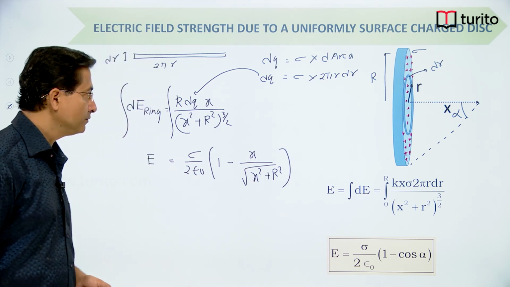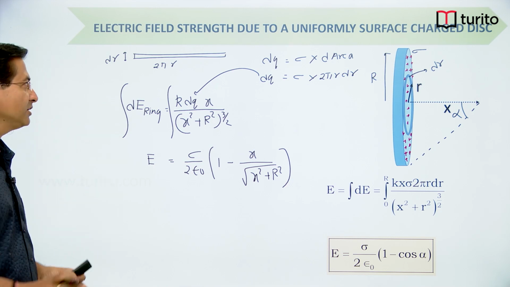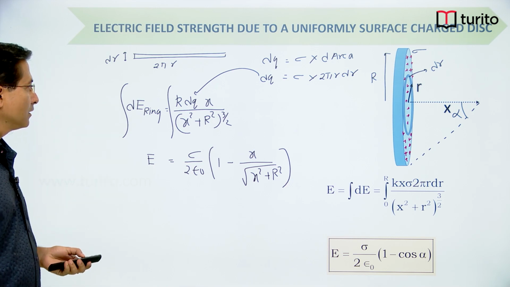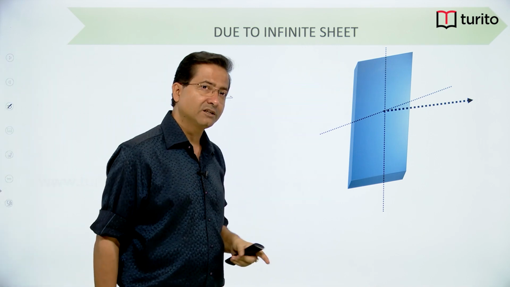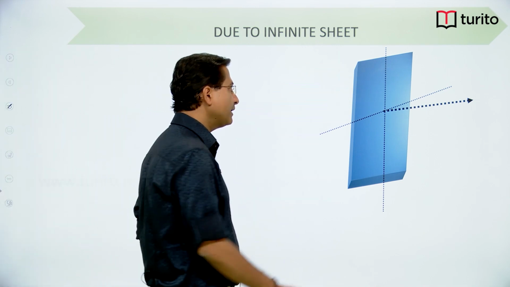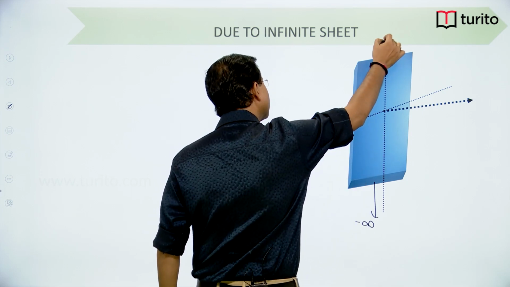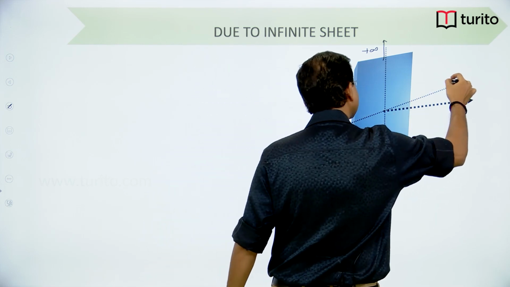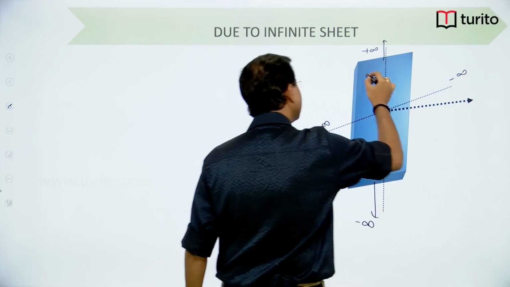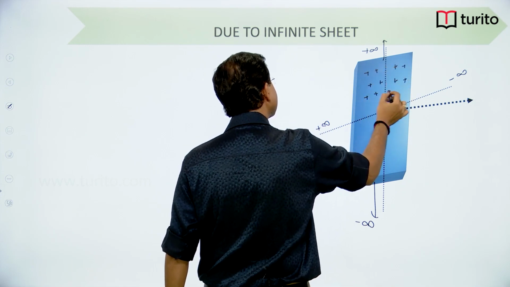Now, instead of taking a disk, if I take an infinite sheet, extended up to plus infinity and minus infinity, and here the charge is uniformly distributed and the surface charge density is sigma.